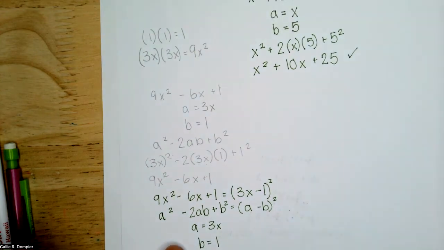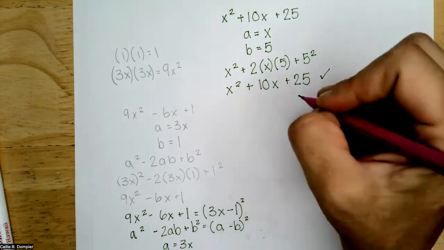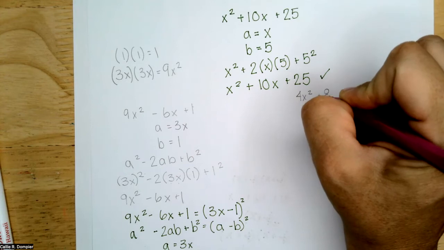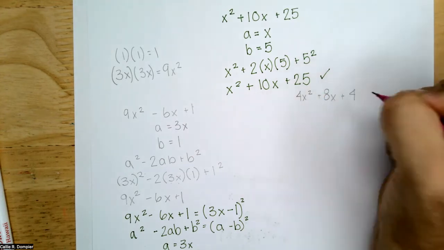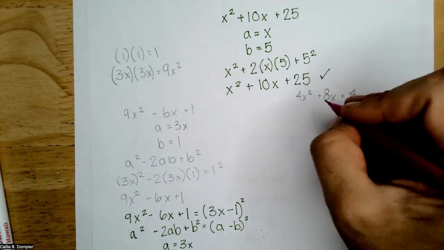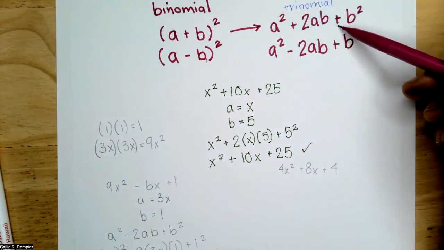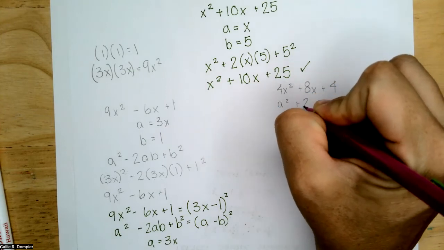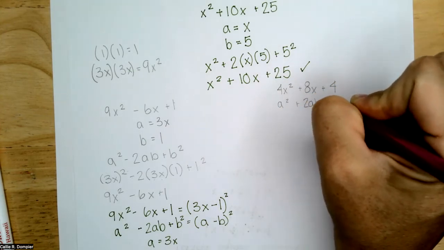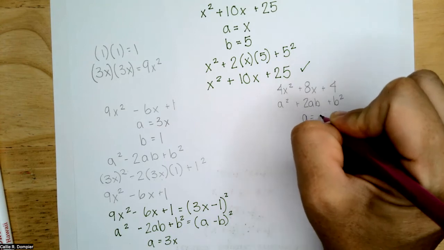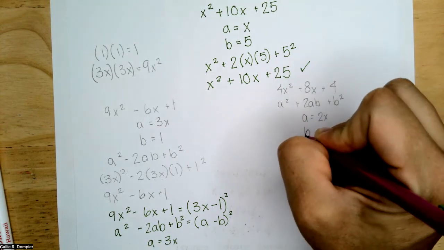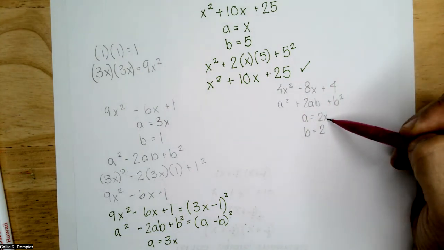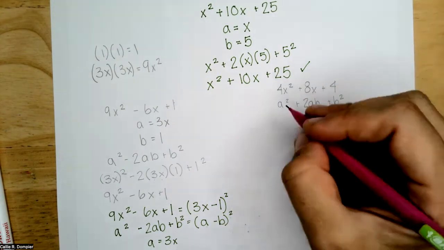I'll do another one. All right, another one is maybe 4x squared plus 8x plus 4. Good. So in this case, I'm going to use this model of the trinomial: a squared plus 2ab plus b squared. A is 2x, right? B is just the number 2, because the square root of 4x squared is 2x and the square root of 4 is 2.